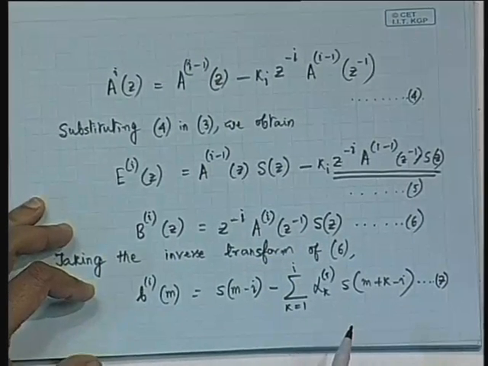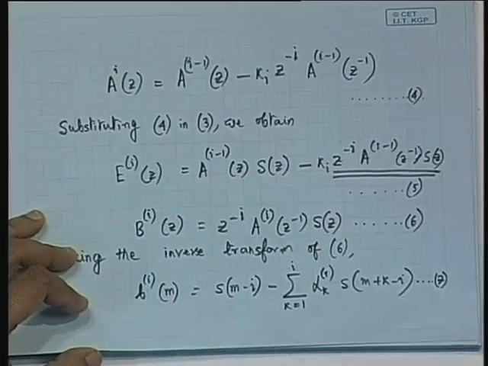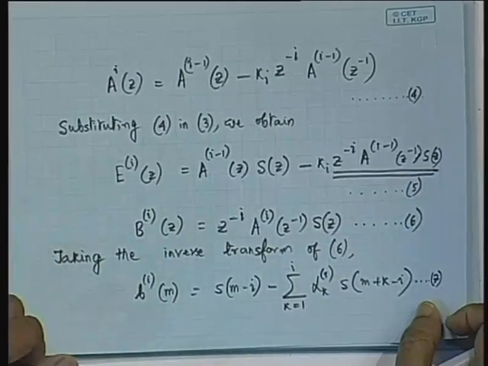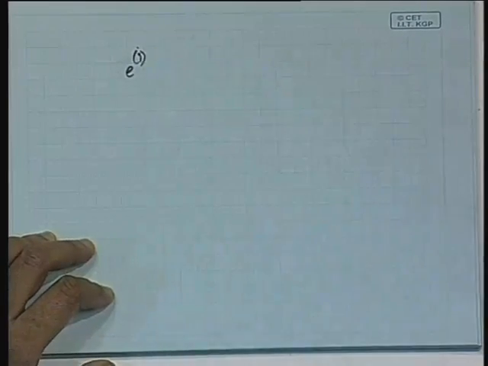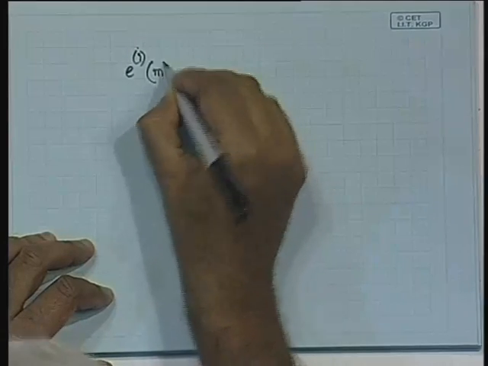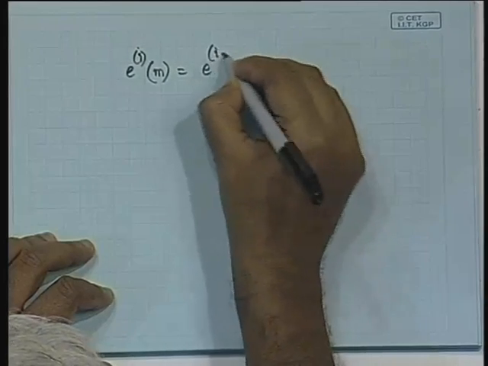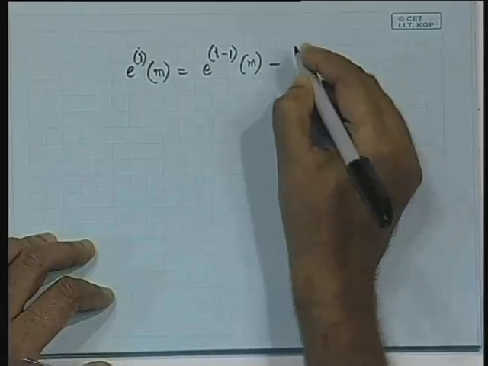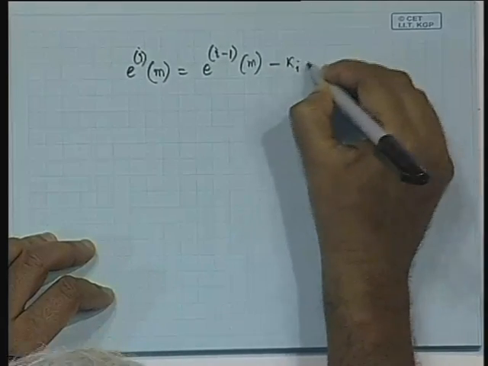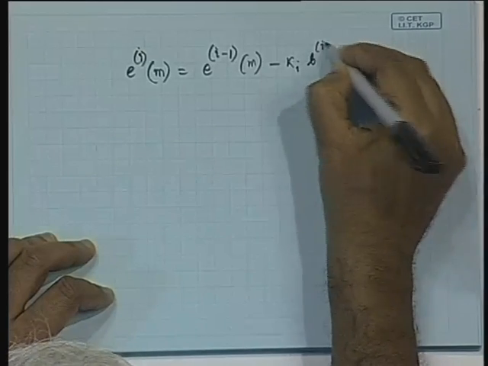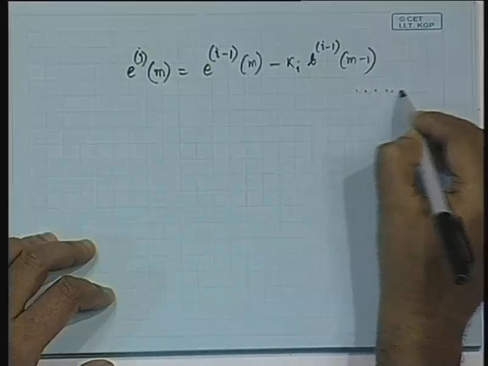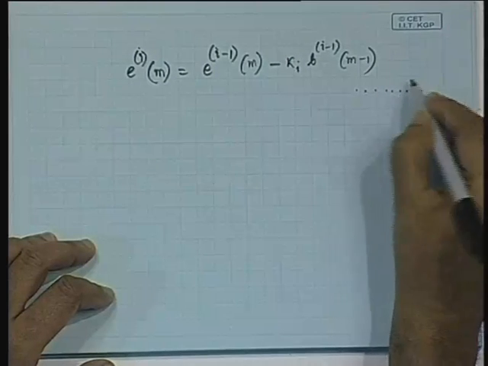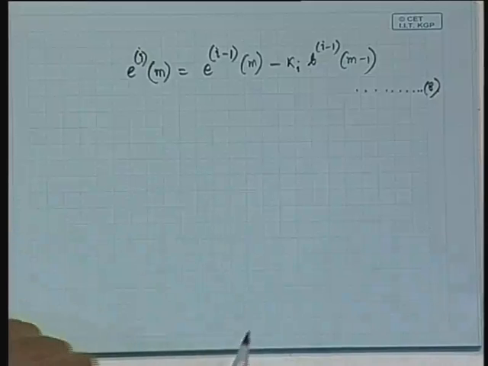the E of I minus 1 m, and in fact it can be shown that the prediction error sequence E I of m can be written as E I minus 1 m minus k I b I minus 1 m minus 1. This is going to be equation number 8.